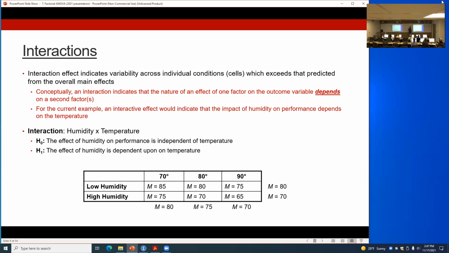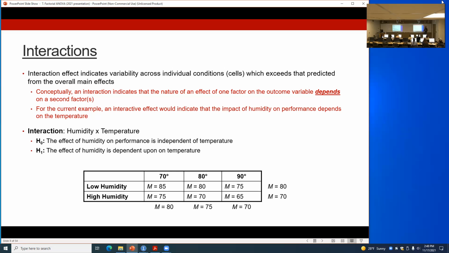Just main effect, yes or no? Yeah, probably, right? Performance in our low humidity condition, collapsing across temperature, is higher than performance in high humidity. So in general, ignoring temperature, it looks like people are tending to perform better in low humidity versus high humidity.